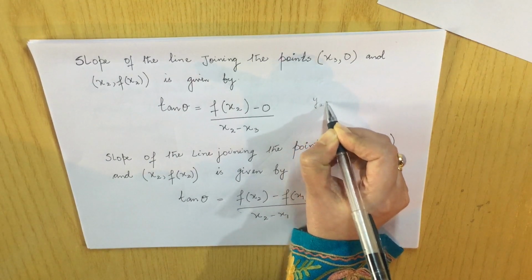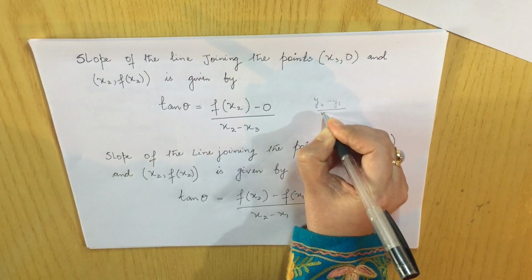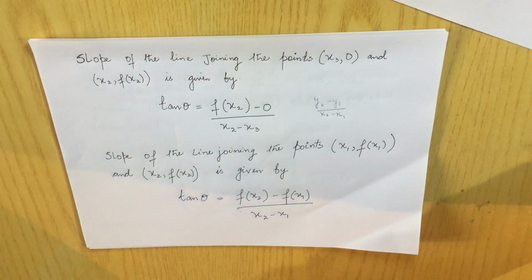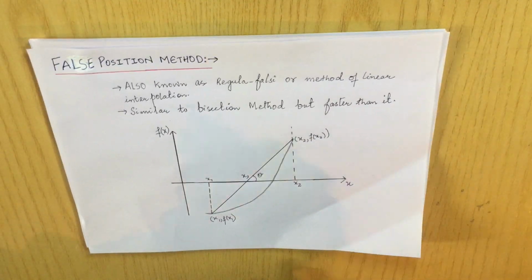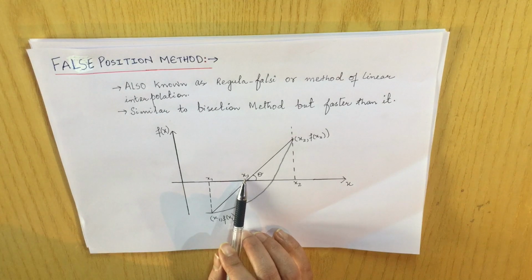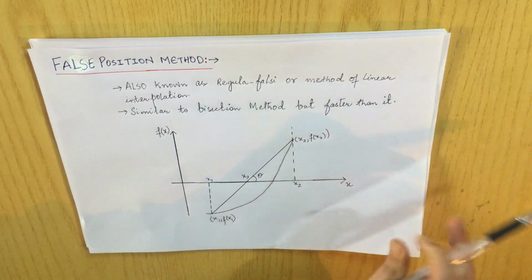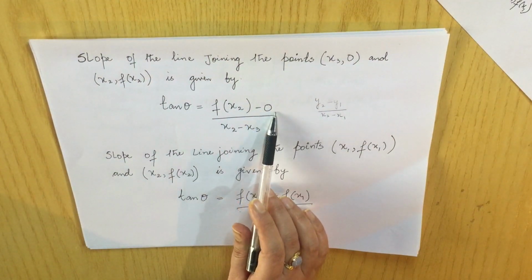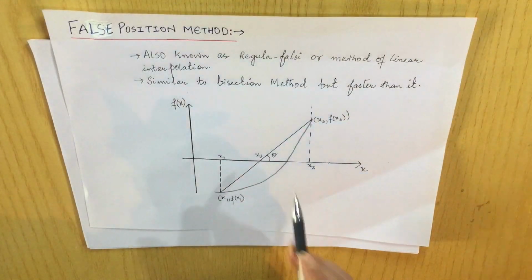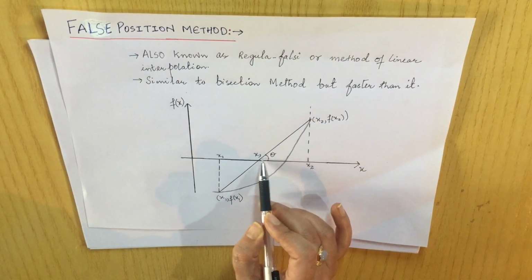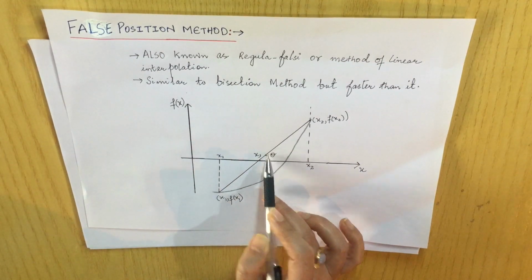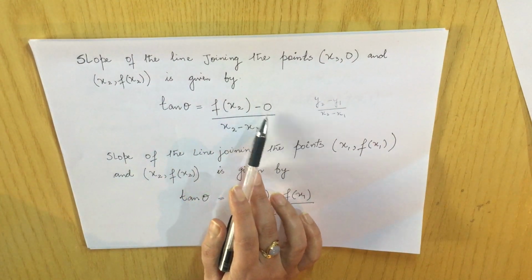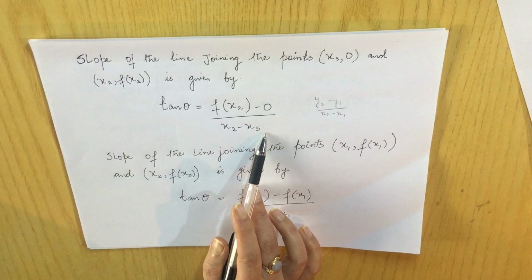In our graph, we have this as x2 and this point as x3, and the f of x value at x3 is 0. Therefore tan theta is equal to f of x2 minus 0 divided by x2 minus x3.